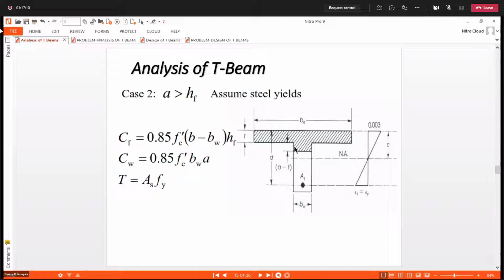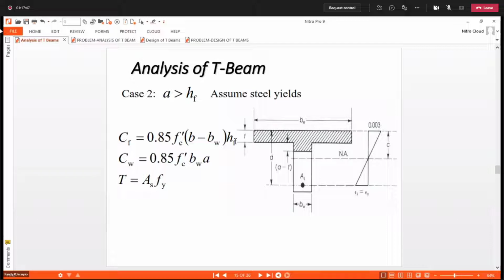What was done here is we cut it here and here, and considered the flange as a whole. To get the area of this, we simply take the difference between be and bw. The b here pertains to the effective width, be, then multiply by hf, the thickness of the flange, or the thickness of the slab.